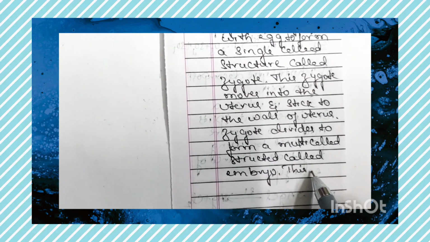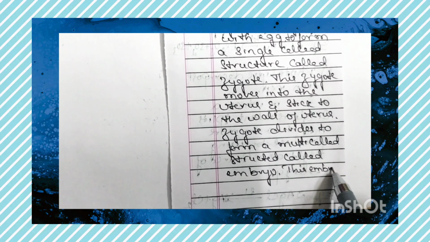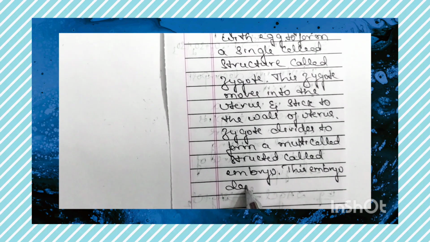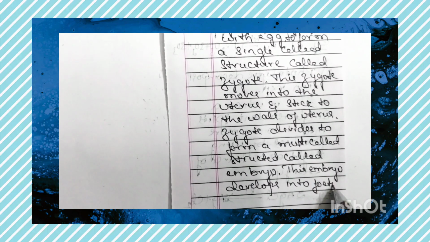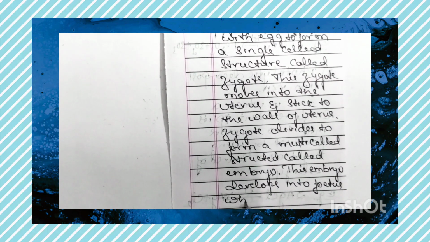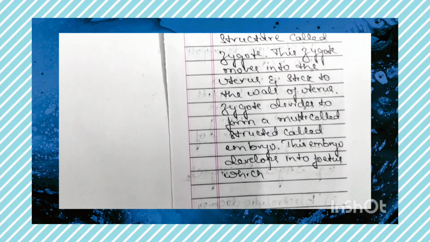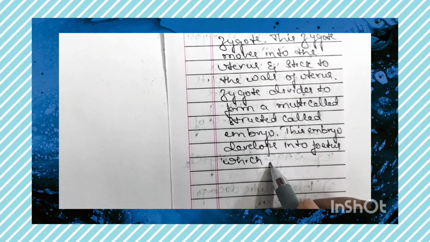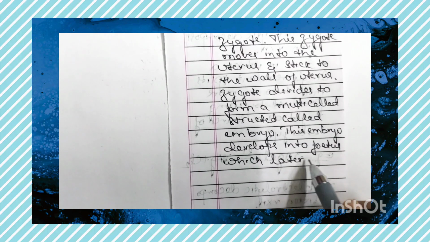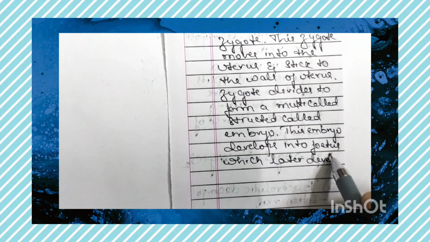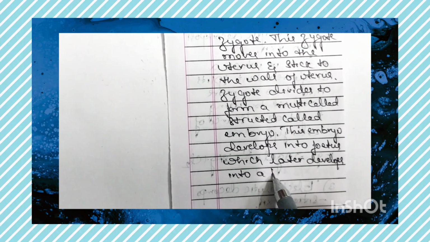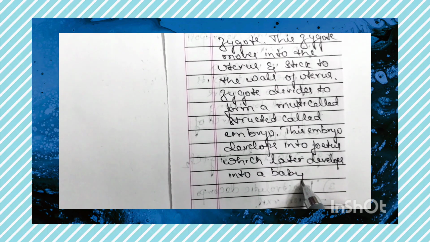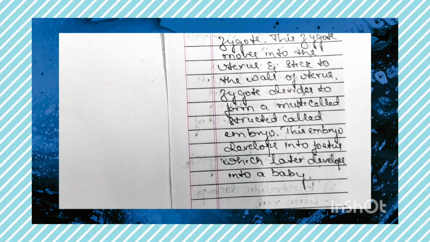This embryo develops into fetus, which later develops into a baby. This happens when the egg is fertilized.